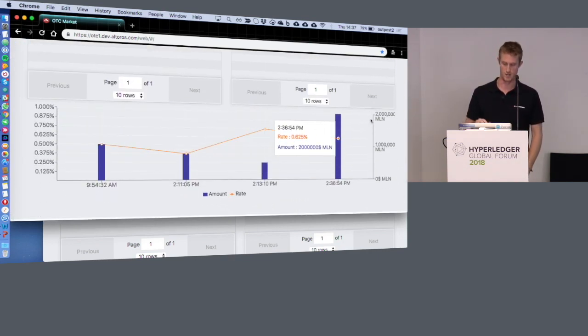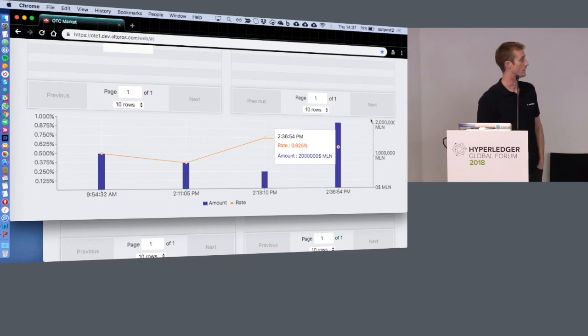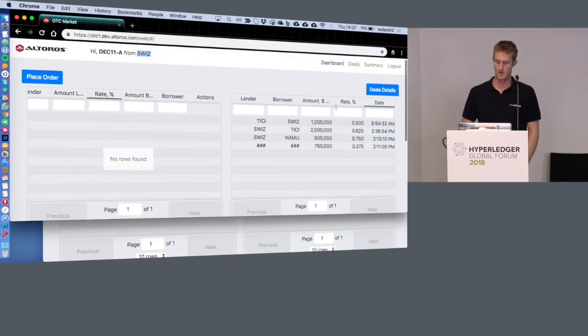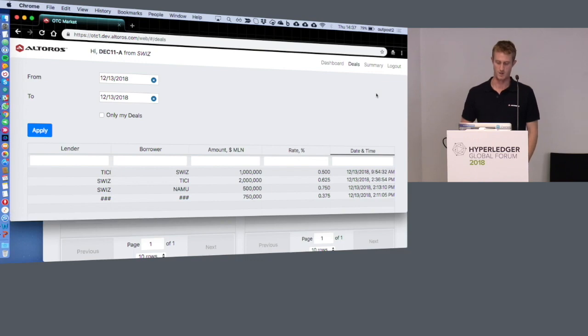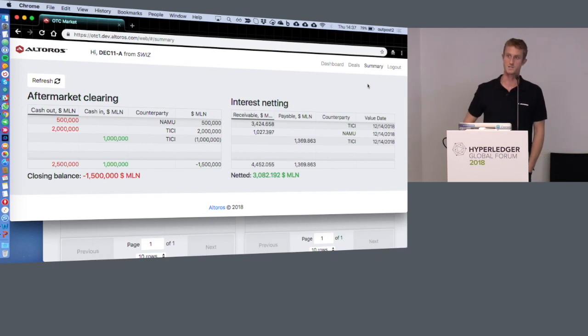So reporting functionality, again, we built in some preliminary reporting graphics and summary views of activity on the network, and provided some deal querying for historical analytics purposes. And then a summary for each individual account is also offered as far as the clearing and interest netting.